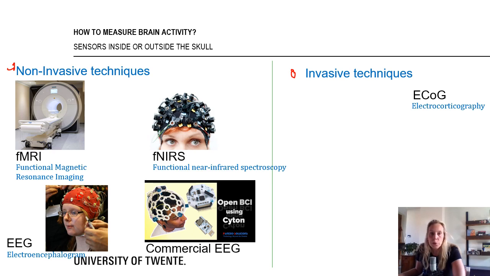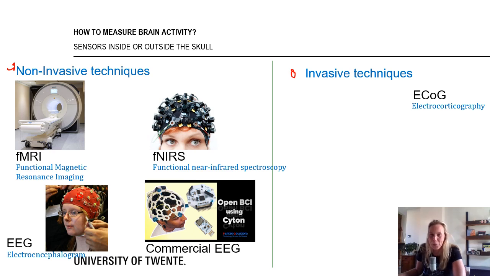We could also use functional magnetic resonance imaging, or fMRI, where we place you in this tunnel, and the tunnel is measuring the activity and the oxygen level within your blood through magnetic resonance imaging. And another technique is fNIRS, which stands for Functional Near-Infrared Spectroscopy.